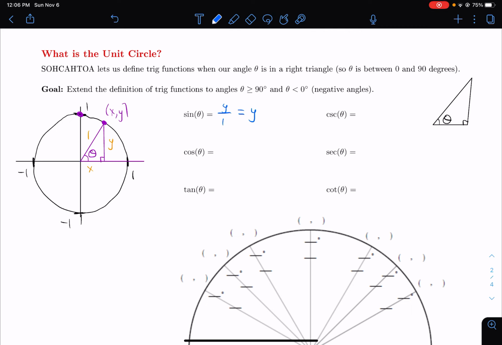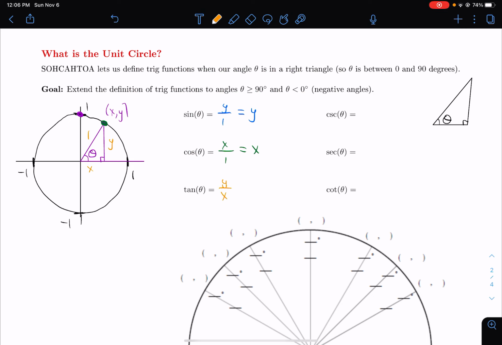So same thing for cosine. Cosine using SOHCAHTOA is adjacent over hypotenuse, x over 1, and that simplifies to just x. So that's what cosine of theta is going to be, no matter where this point is in our unit circle. Tangent using SOHCAHTOA is opposite over adjacent, y over x.